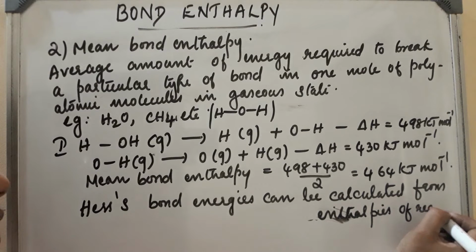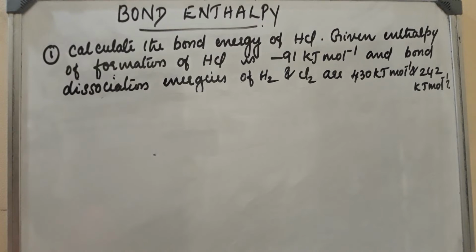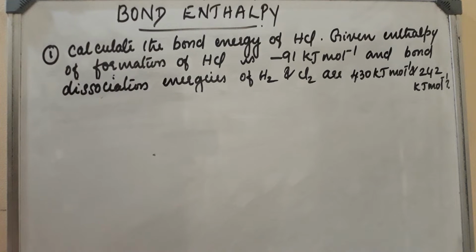Now let us do one problem based on this. Calculate the bond energy of HCl. Given enthalpy of formation of HCl is minus 91 kilojoule per mole and bond dissociation energies of H2 and Cl2 are 430 kilojoule per mole and 242 kilojoule per mole. So using the enthalpies of reaction, we can find the bond energy of HCl.